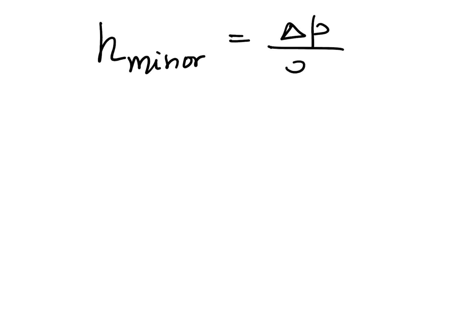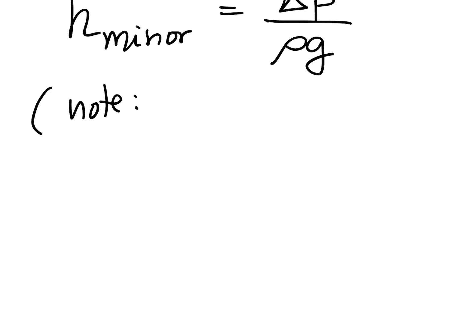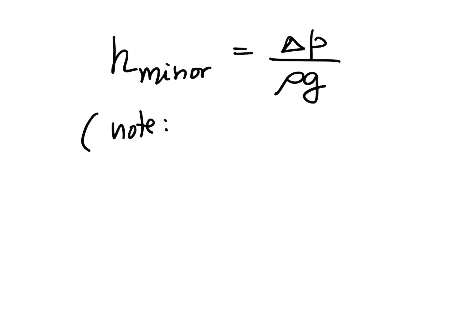We simply write the minor head loss as the pressure drop divided by rho g. I have to make a correction to the previous few slides where I talked about major losses.